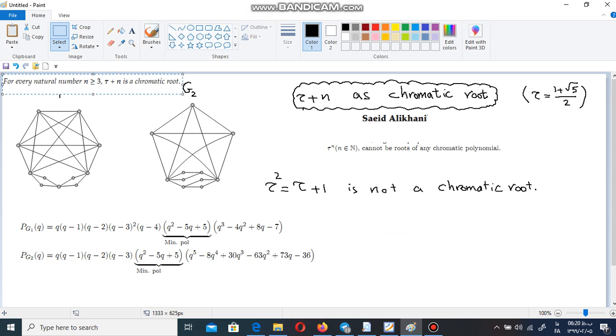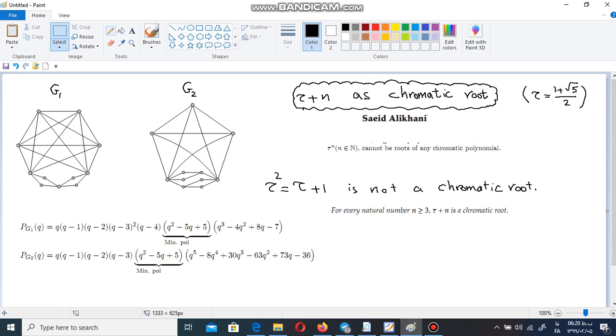Okay, what remains about the number tau plus 2? So here tau cannot be a chromatic root, tau plus 1 also cannot be a chromatic root, but tau plus n can be a chromatic root for n greater than or equal to 3.